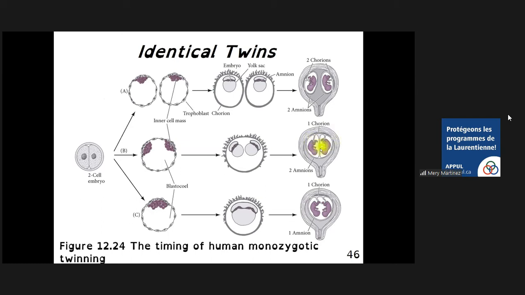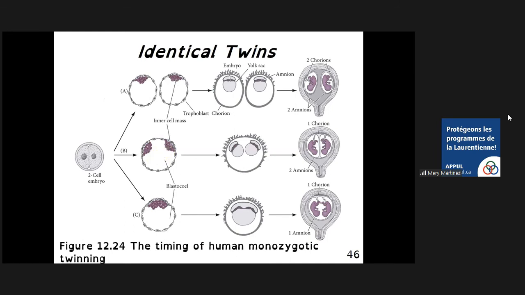Each of them is in their own amniotic sac, but they both share the same chorion, okay? So this indicates that the split occurred at the level of the inner cell mass, right? Because they have their own amnion, but one chorion. So the division only happened there in the inner cell mass.